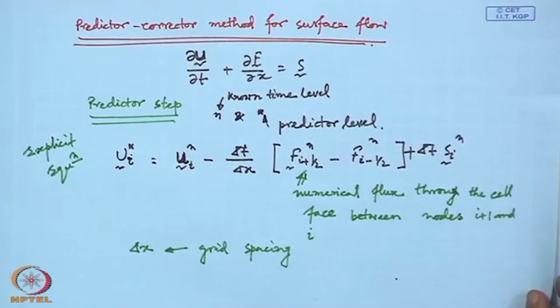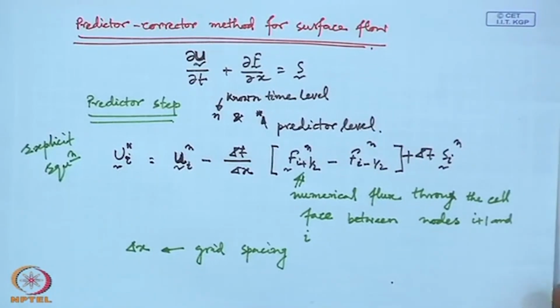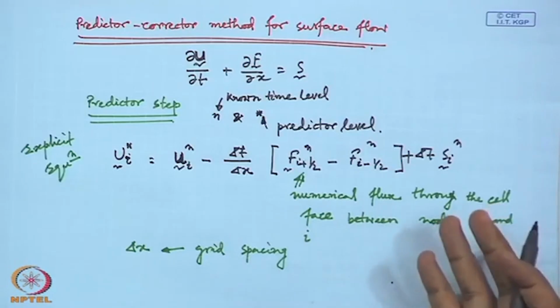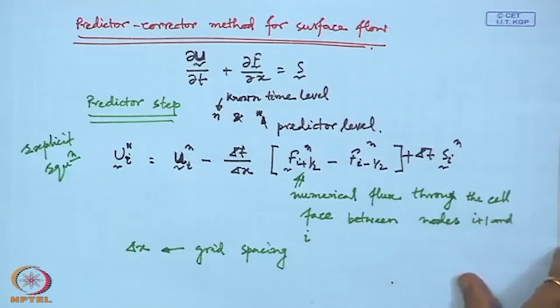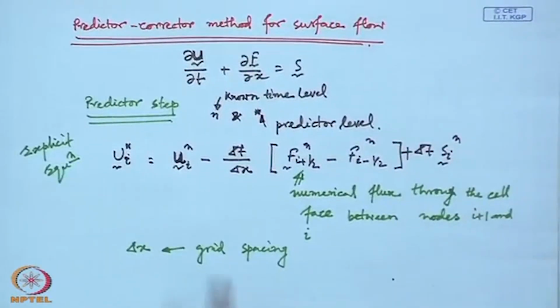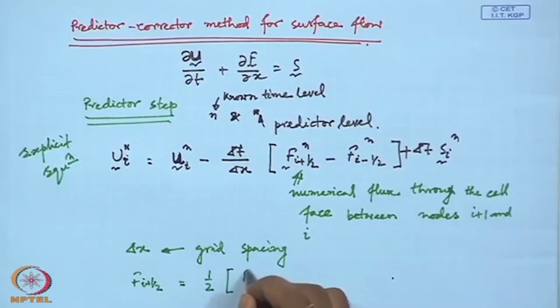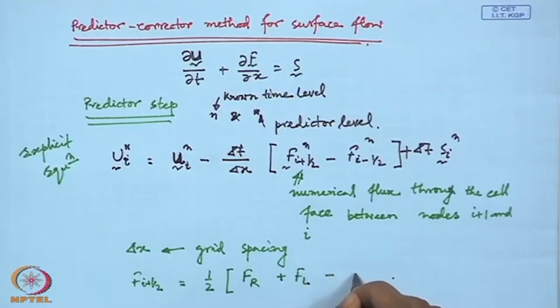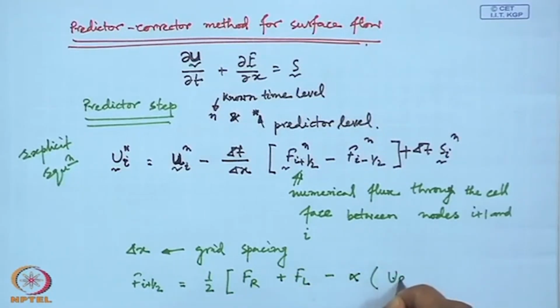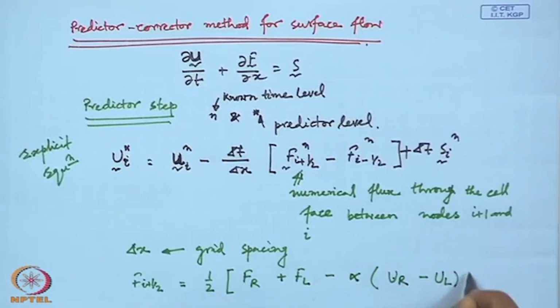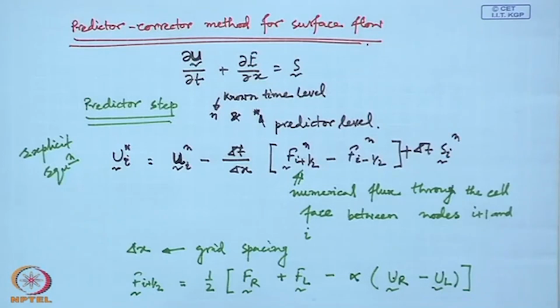So, F I plus half can be calculated as F I plus half equal to half F R plus F L minus alpha times U R minus U L. So, what is this?